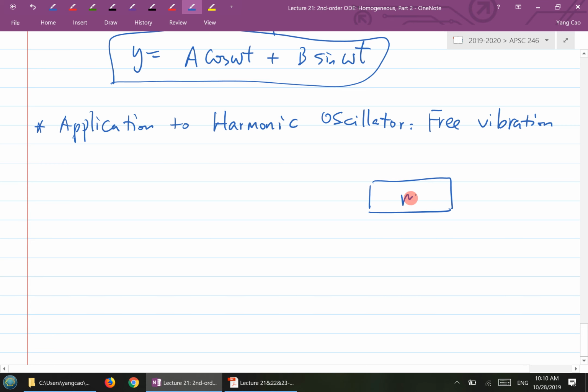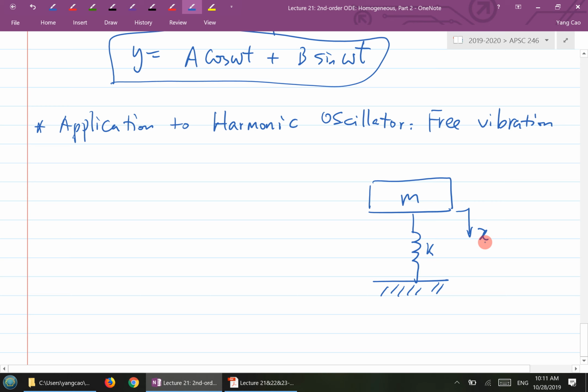First, let me go back to the mass spring damper system. This time, I will only have a mass and a spring without the damper. So just the mass and the spring. Let's suppose that you have a mass, you have a spring, and then you have the motion indicated by x. But in this case, there is no external force.